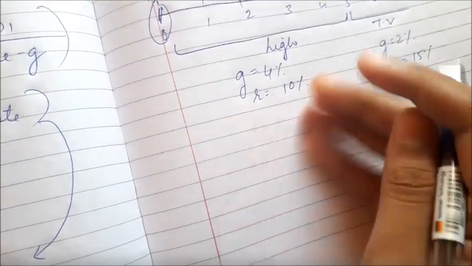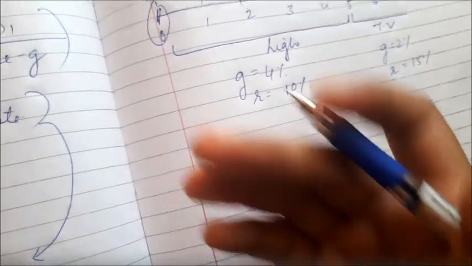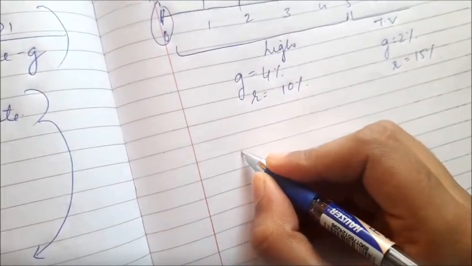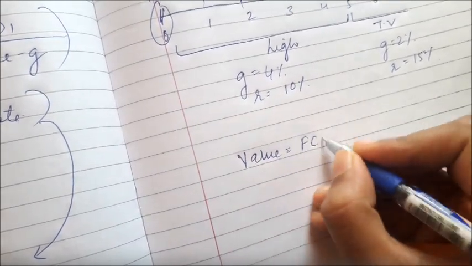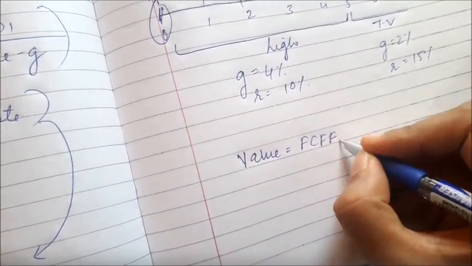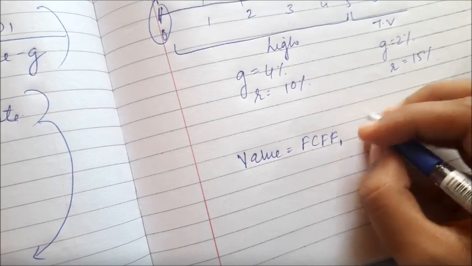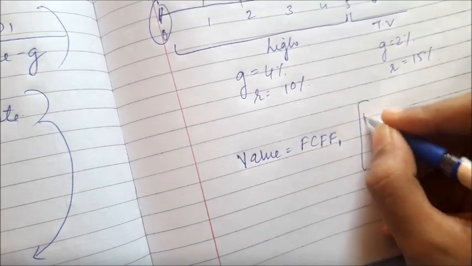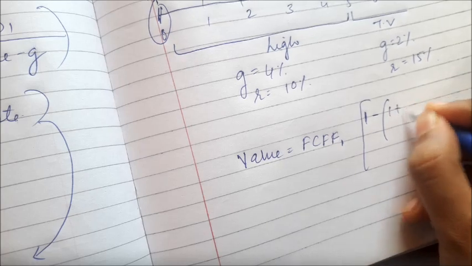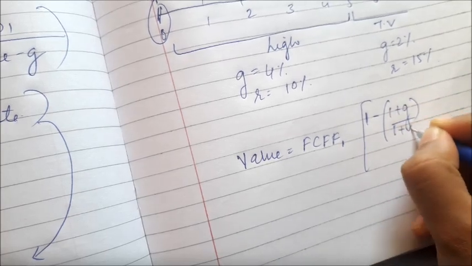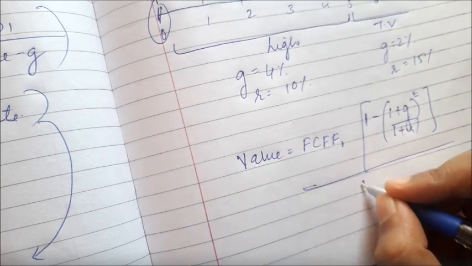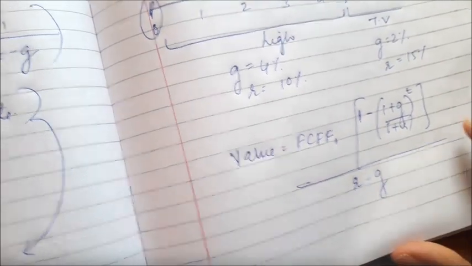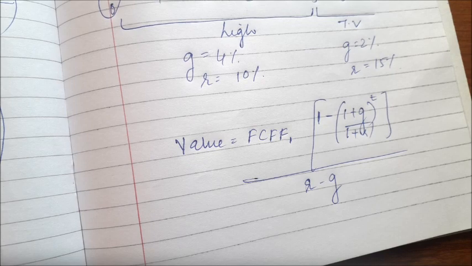We have one formula for the high growth period: value is equal to free cash flow to the firm at year 1, times 1 minus (1 plus g over 1 plus r) to the power t, divided by r minus g. So this is the formula for the high growth period.